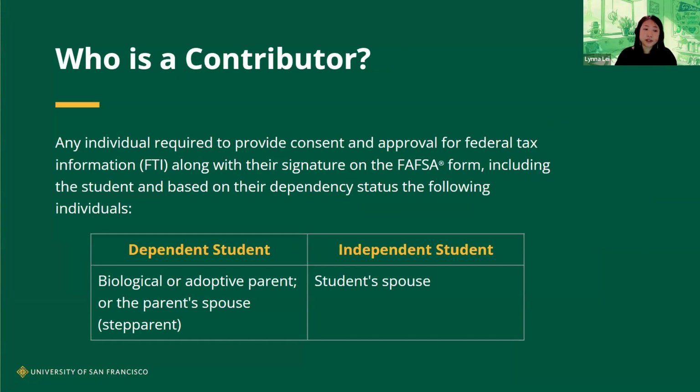For dependent students, that could mean a biological or adopted parent. If a parent has remarried, then that parent's spouse may also be included as a contributor. And for independent students, if they're married, that may include their spouse.